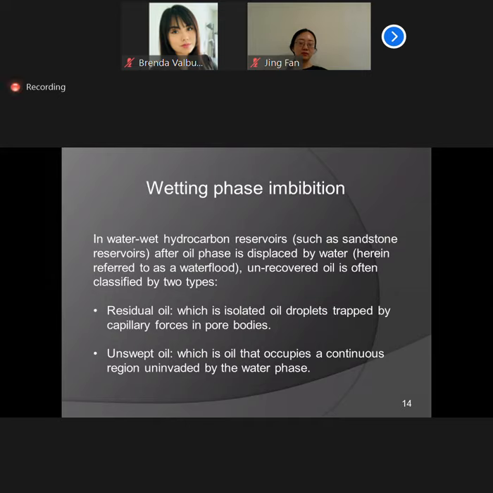One is the residual oil, which is isolated oil drops trapped by capillary force in the pore body. Another one is unswept oil, which is oil occupying a continuous region unused by the water phase.